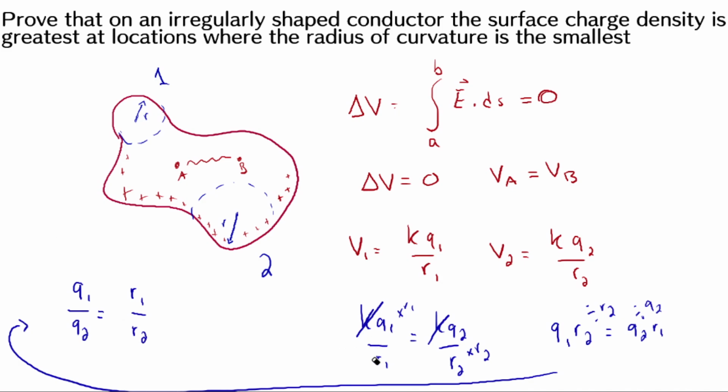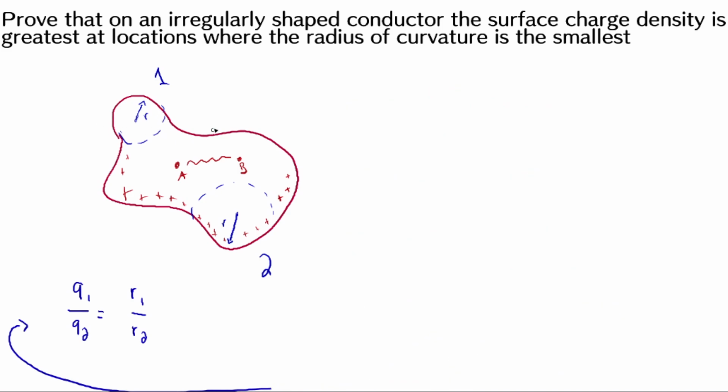Now, the question is not asking us for the charge, it's asking us for the surface charge density. There's another equation you need to know. There's a lot of little equations here. The charge is equal to the area times the surface charge density, sigma. I'm not super great at drawing them.